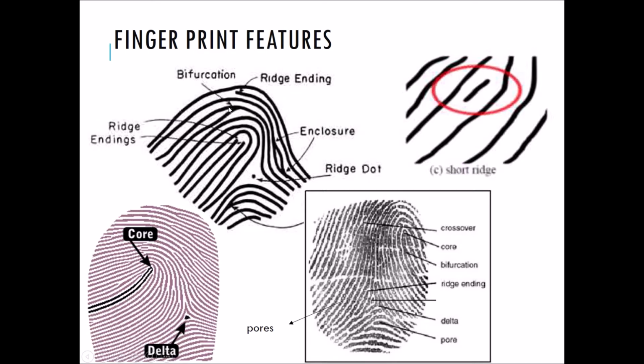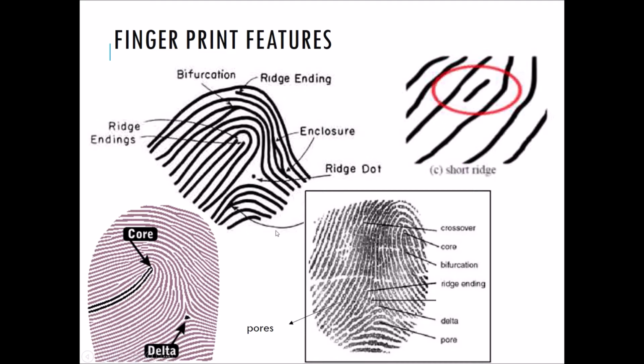You have got ridge dots. They're single dots, or you could have a couple of dots in a row, but it's not a full ridge. You can also have short ridges as well. So you can have ridges, short ridges, and ridge dots, and then the ridges will potentially come to an end, or they will fork off like that.